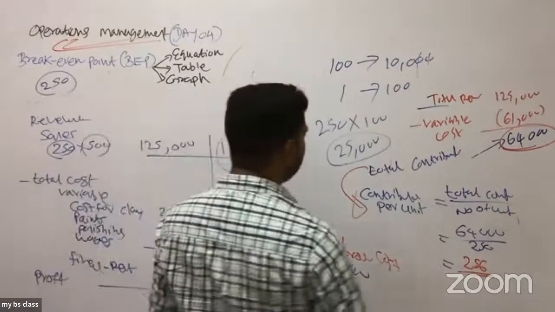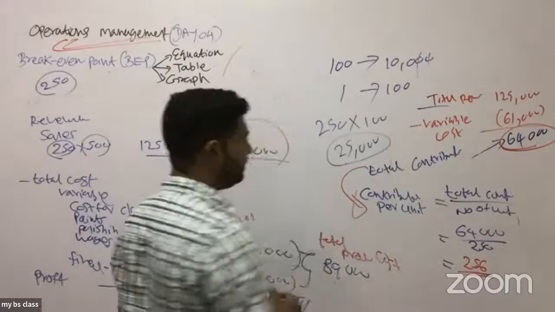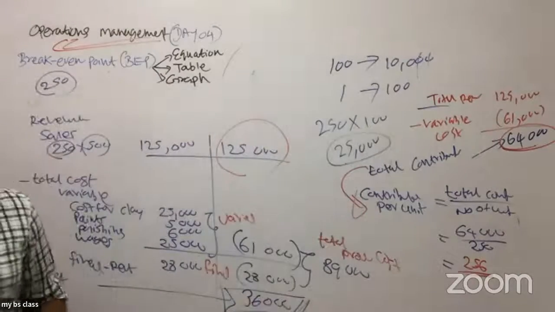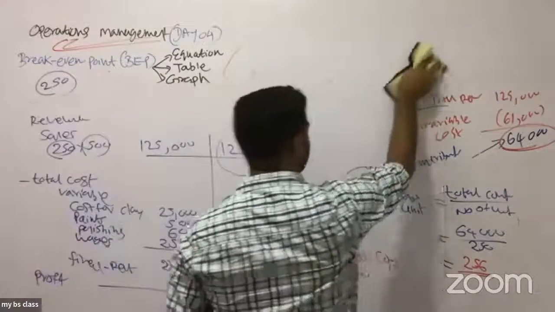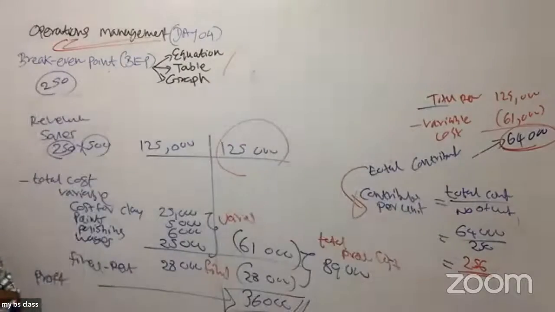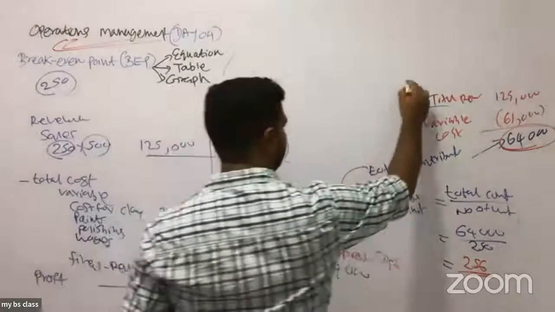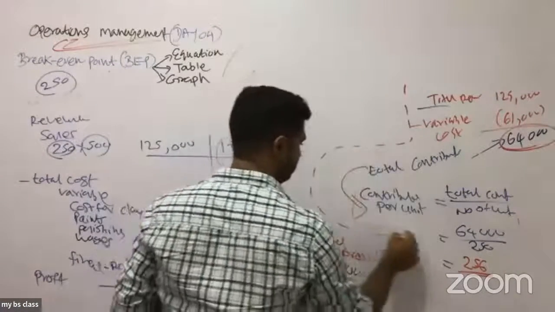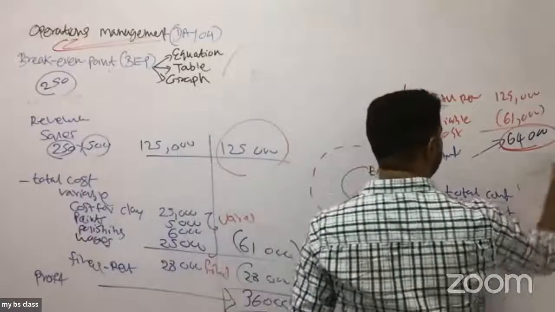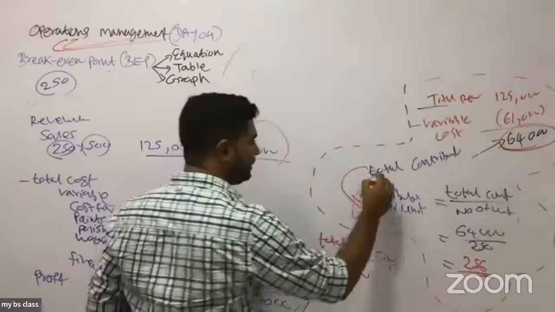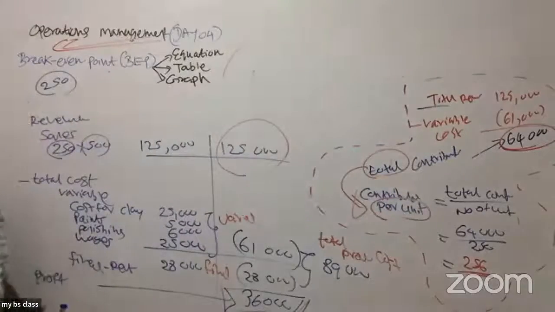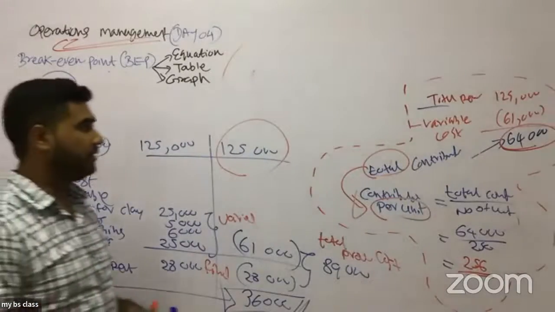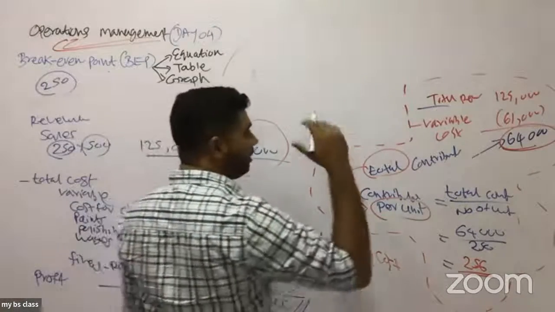There is another method we can use to work this out, let's have a look at it. So here you get your total contribution and contribution per unit, clear? Here is another way we can do this.